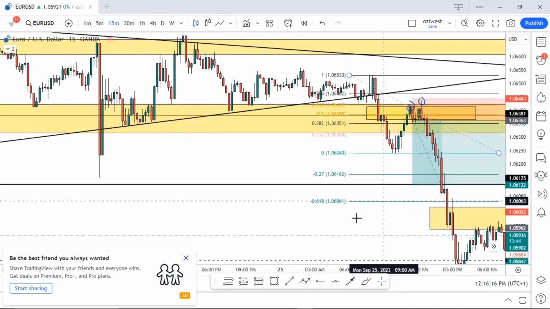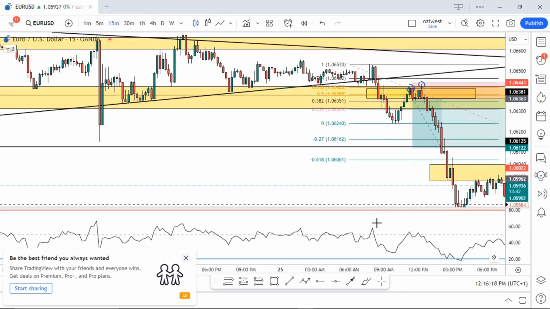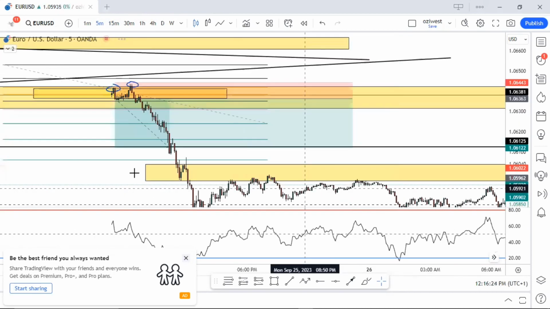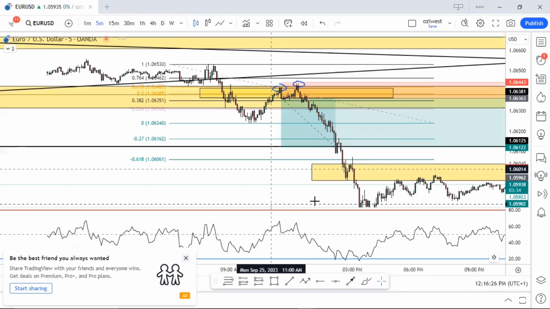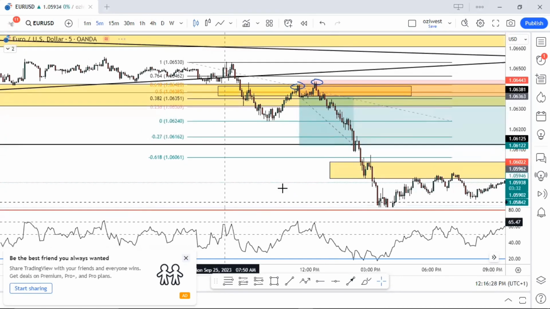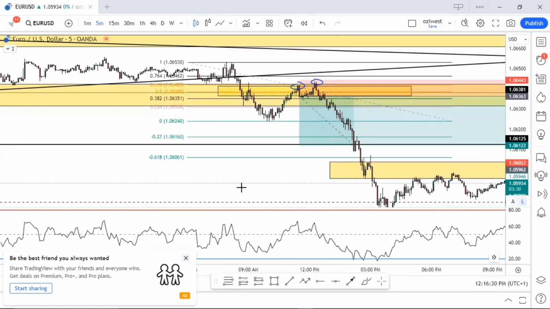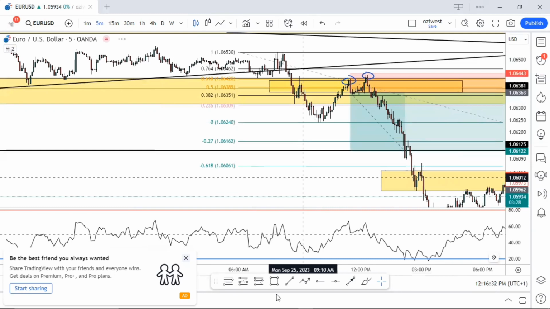I think on the 5-minute time frame we had a bearish hidden divergence.